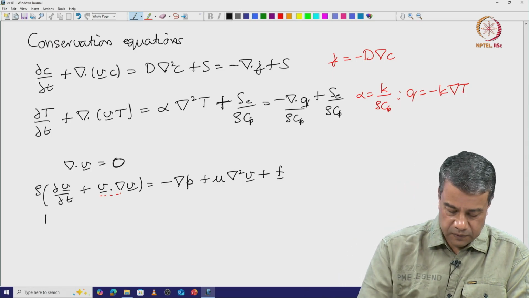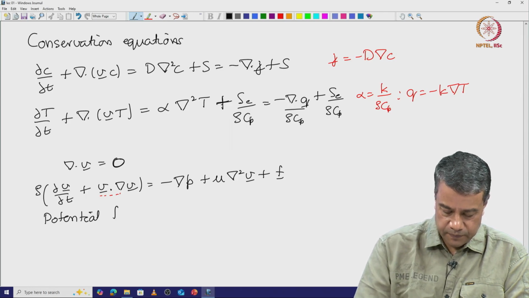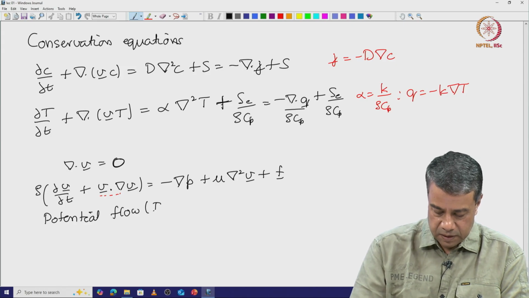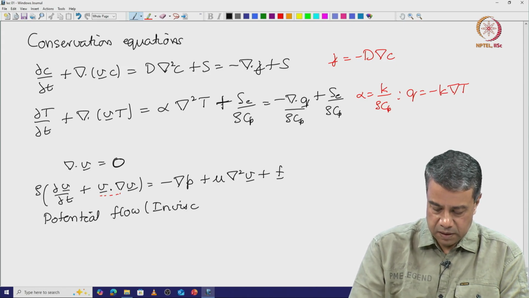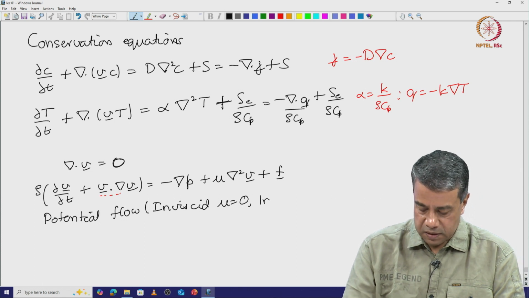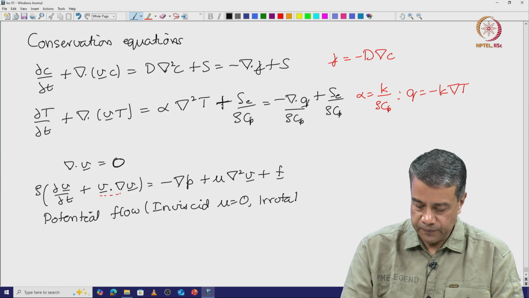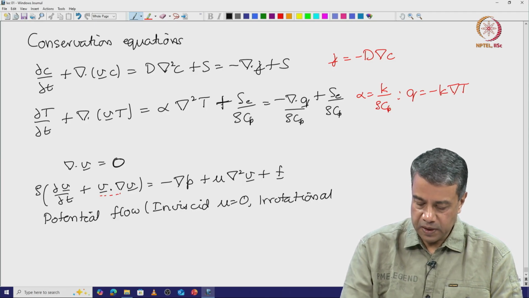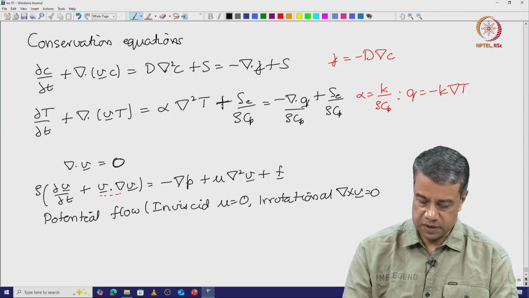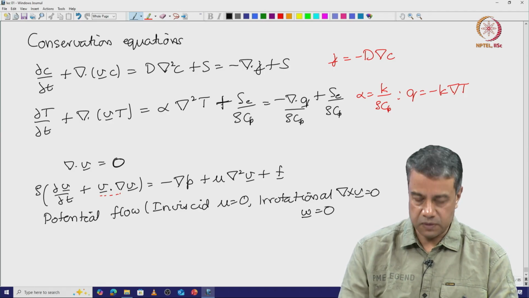And for potential flow, inviscid, that is viscosity is equal to 0, irrotational, del cross V equal to 0, curl of the velocity is equal to 0 or the vorticity equal to 0.